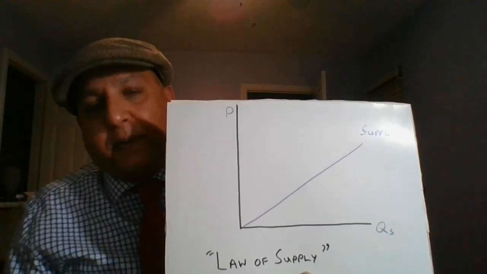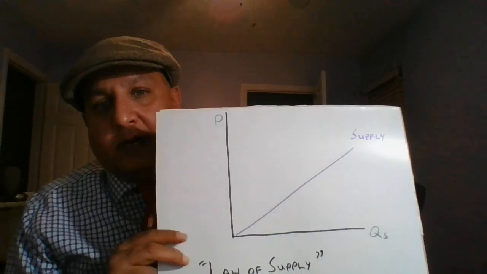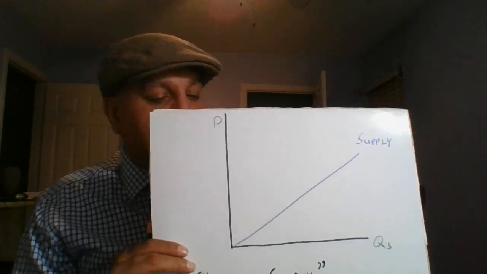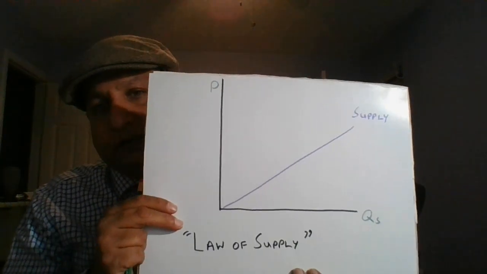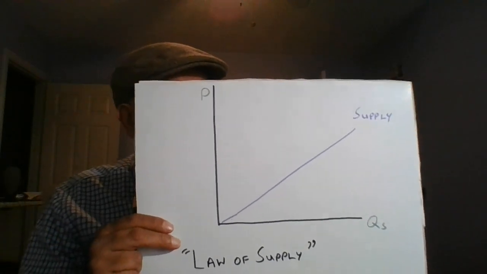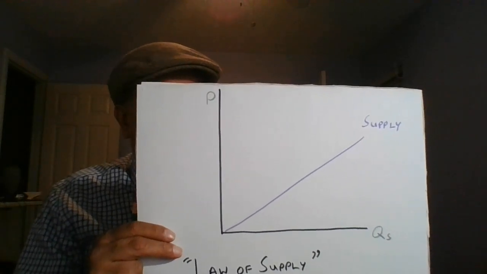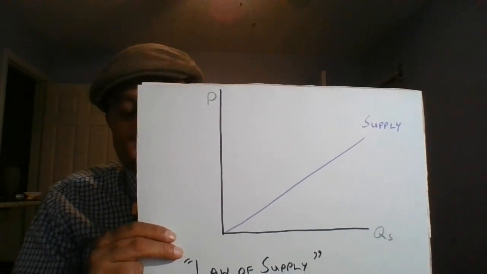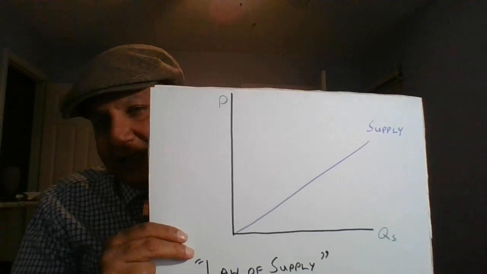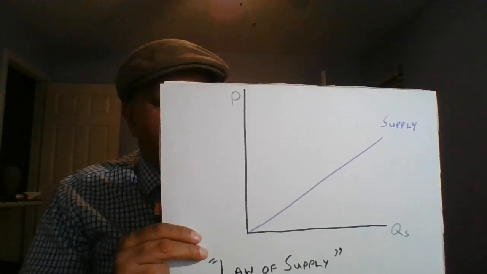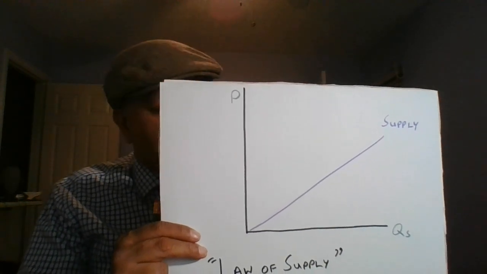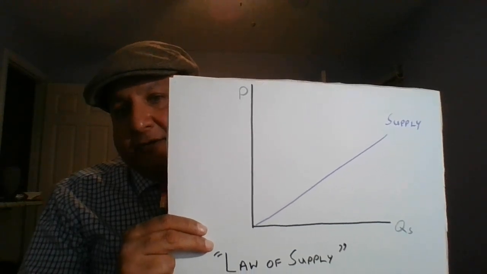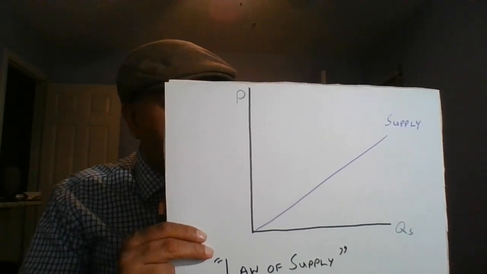The reason that there's a positive slope to the supply curve is because the correlation means that the higher the price a product fetches in the marketplace, the more enticed the company is to offer that product in a greater supply at the marketplace.